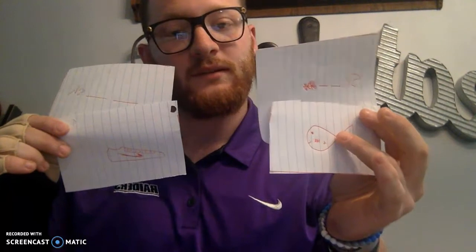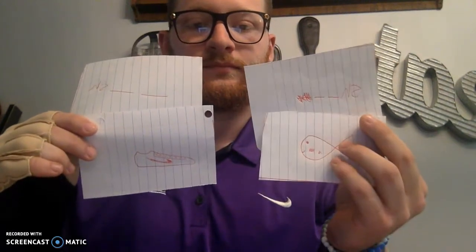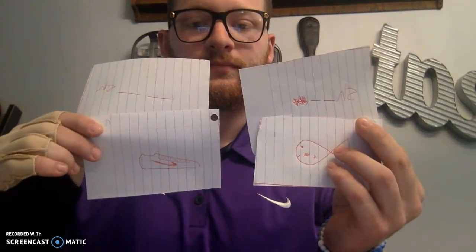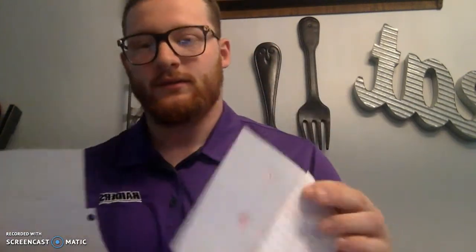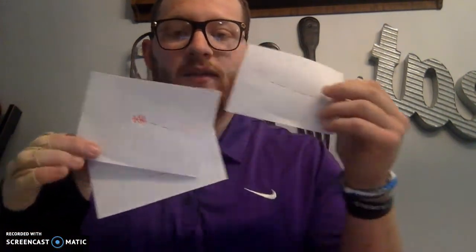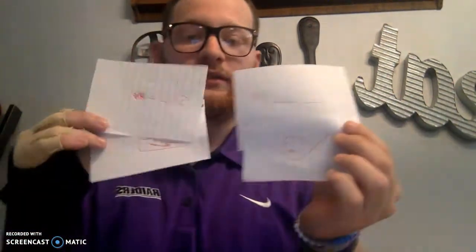You see the bottom one is a picture of a fish, and this bottom one is a picture of a shoe. Correct. They don't match, so we have to switch them. The shoe digraph is in the front, and the fish digraph is in the back. So they should be like this, correct? Good job.